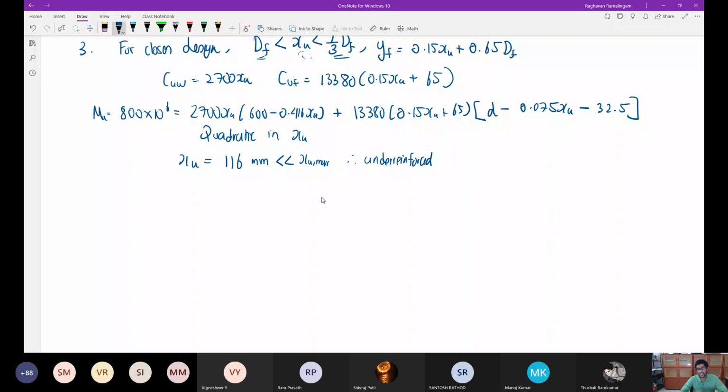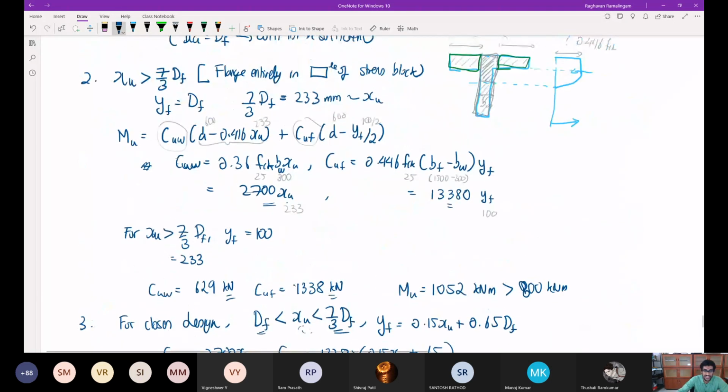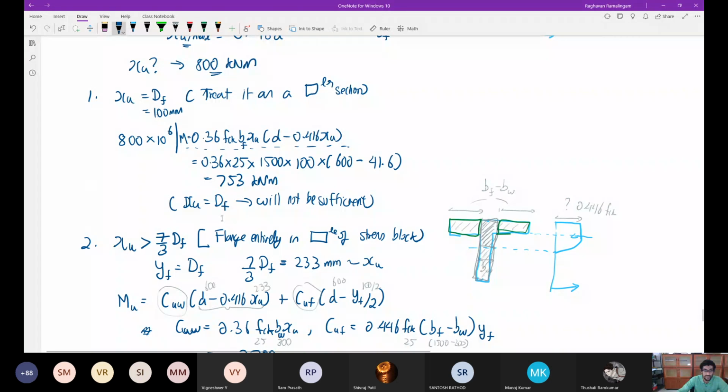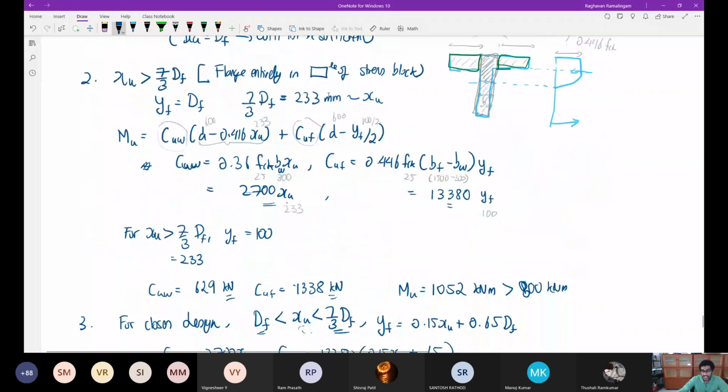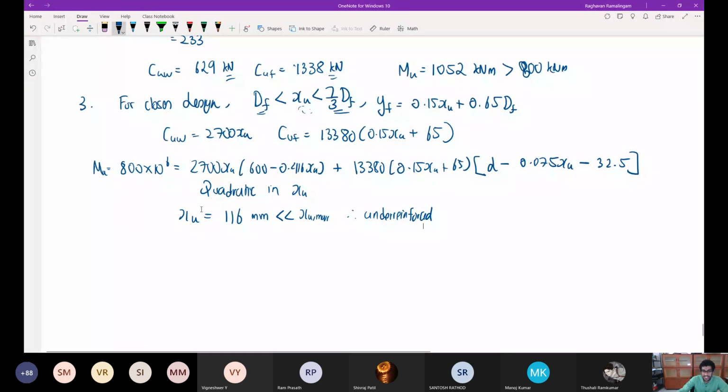So what you find is DF is 100. 7/3 DF is 233. So the actual thing what we need is just a little bit more than DF. The neutral axis is just a little bit below DF, and once you do that, you're able to design it for almost 800 kilonewton meter itself. So this is what you get, and of course based on this you can recalculate what is YF.